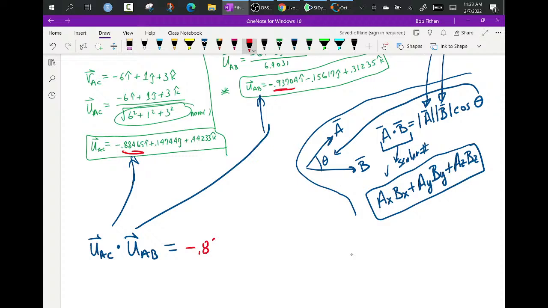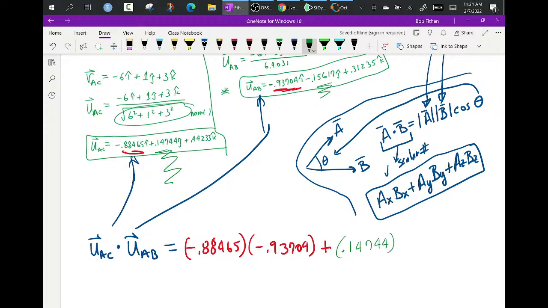Minus 0.88465 times the X component here, minus 0.93704, plus, now I'm going to go to the Y component. Here's your Y component, 0.14744, that one's from there, and then this one comes from up here, minus 0.15617.